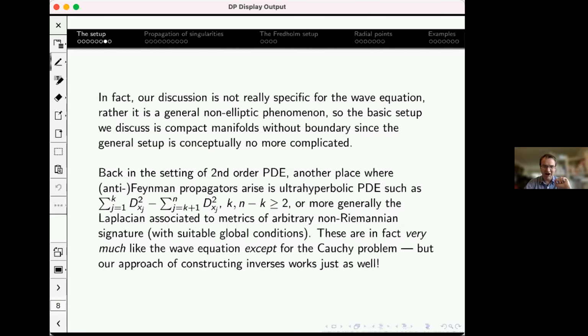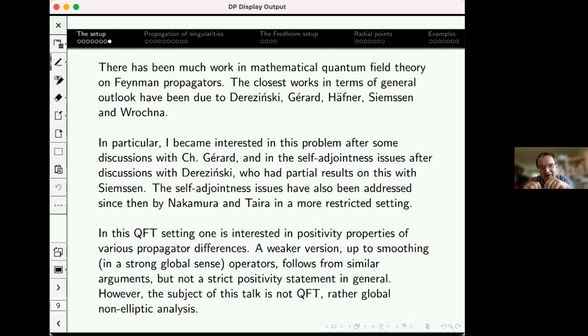All right. So now, I should say at least a little bit about the outlook. Of course, this is related to quantum field theory, and there's been a lot of work on various aspects of it, including by several members of the very distinguished audience, like Stefan Holland, Jochen Zahn, and I think I saw that Jan Derezinski and many others are here. So anyway, in terms of the general outlook of what I'll explain, this is closest to works of Derezinski, Christian Gérard, Dietrich Häfner, Simpson, and Rochna.